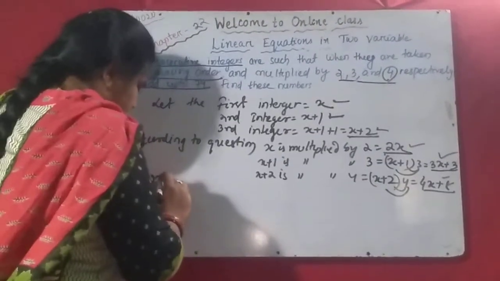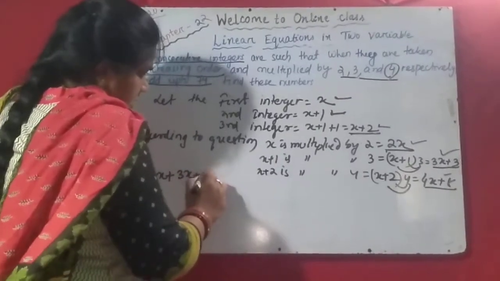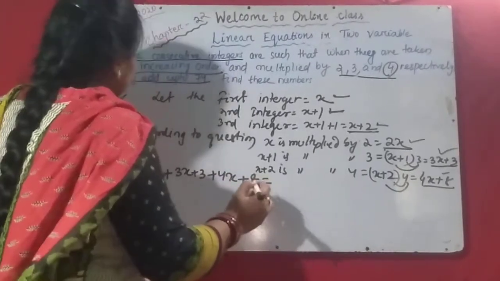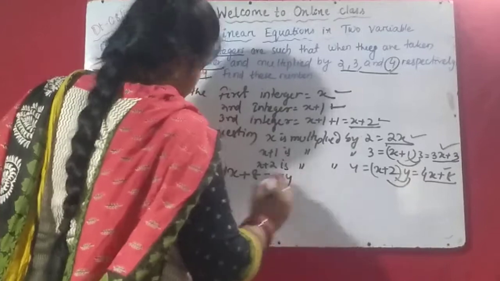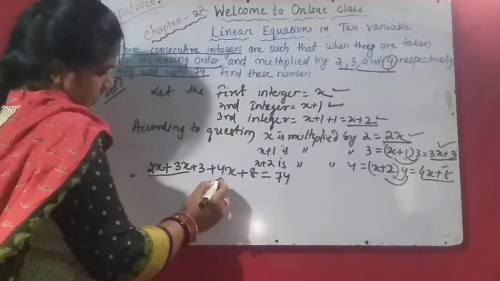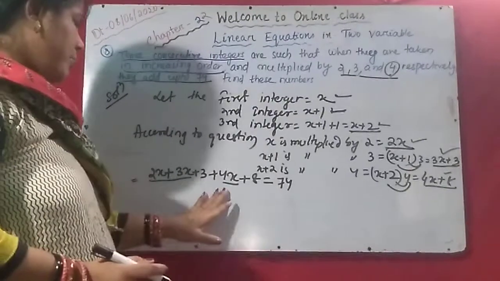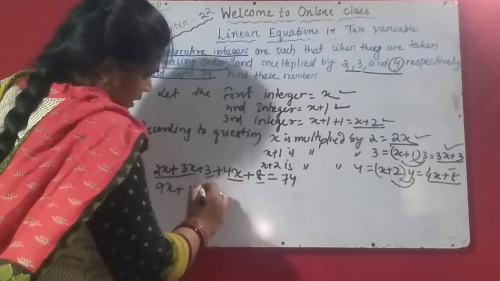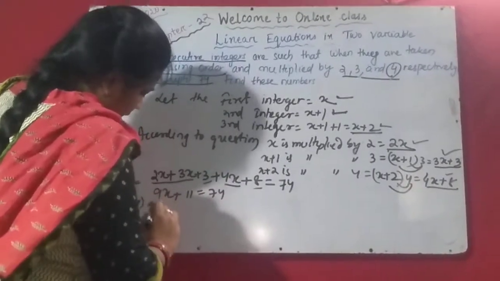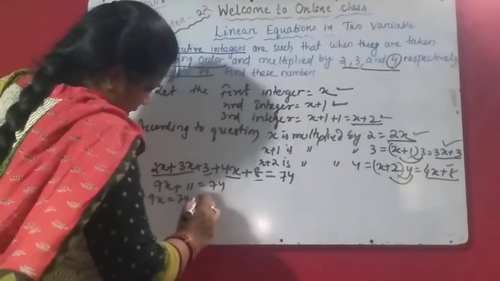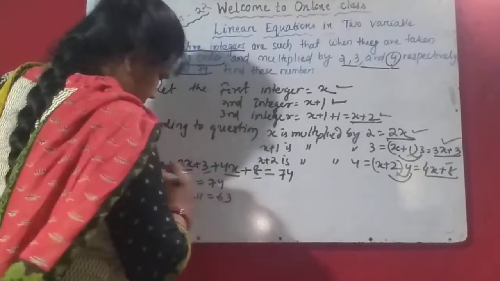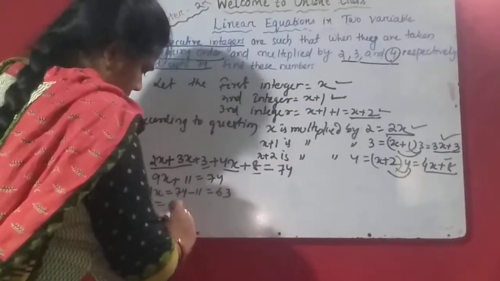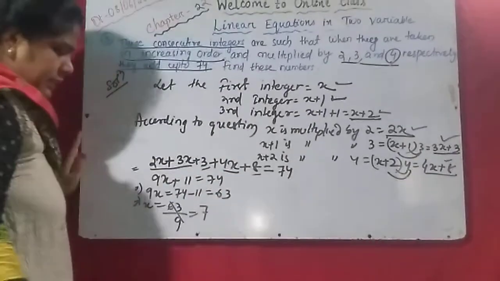So 2x plus 3x plus 3 plus 4x plus 8 equals 74. Solve the equation: 2x, 3x, 4x gives 9x. 9x plus 8 plus 3, 11, equals 74. So 9x equals 74 minus 11, equals 63. So x equals 63 by 9, which is 7. 9 sevens are 63.